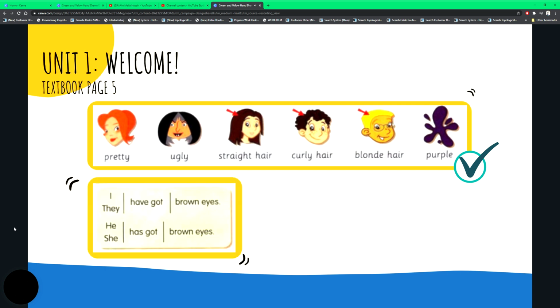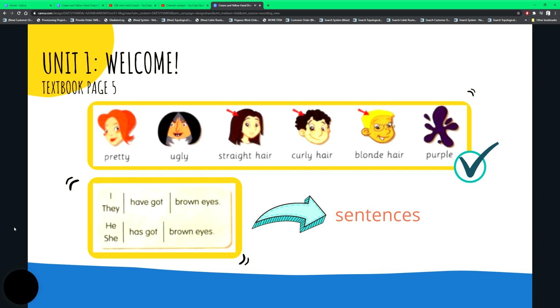Now, in page 5, there's another one that you have to remember and learn, which is this one, the grammar box, the yellow box. Why do you need to learn this one? Because you're going to write sentences.